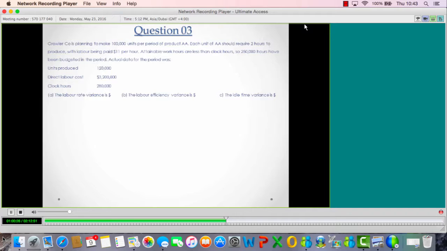Here in this question they haven't given the actual idle time, so we have to apply that efficiency rate to the actual clock hours.